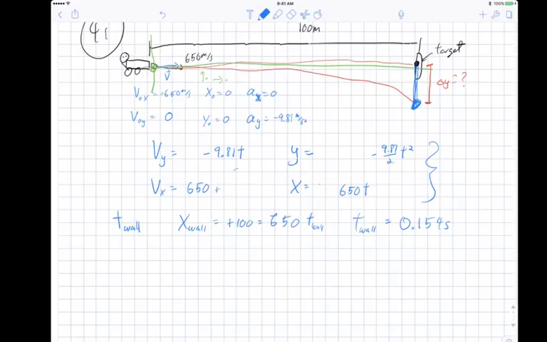And then I plug this into y. I want to know the y coordinate when it hits the wall.